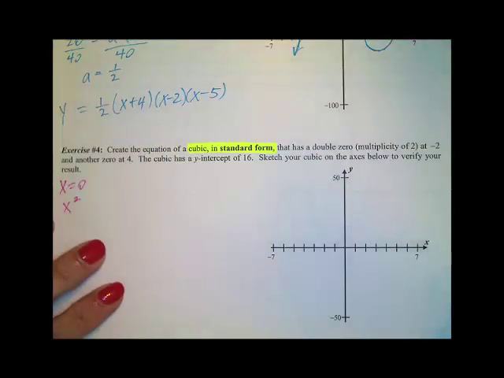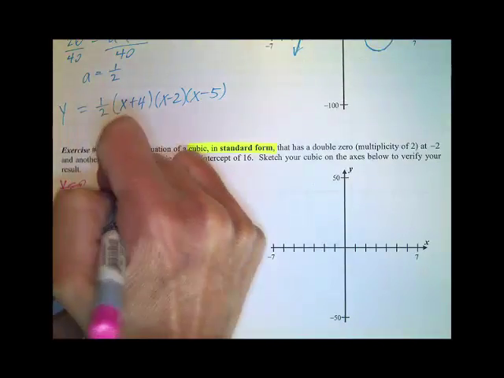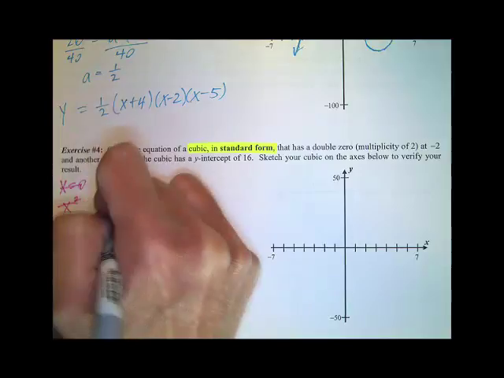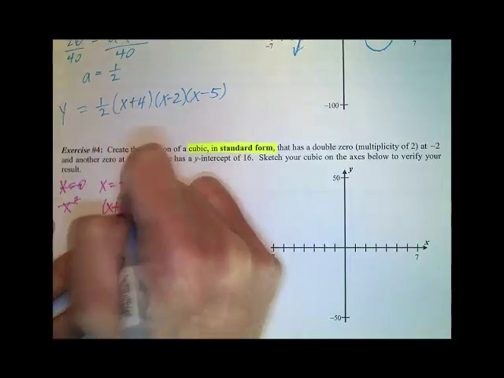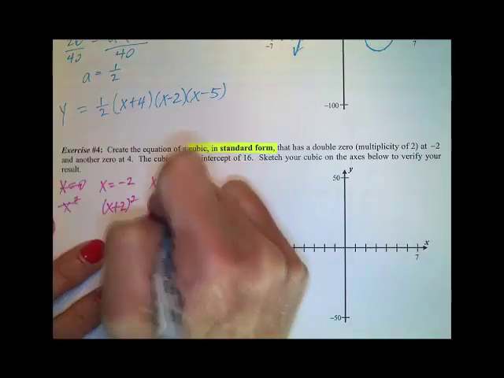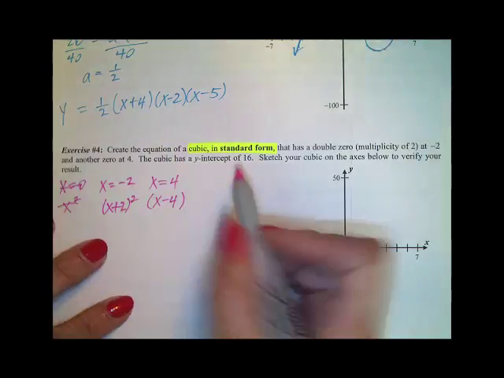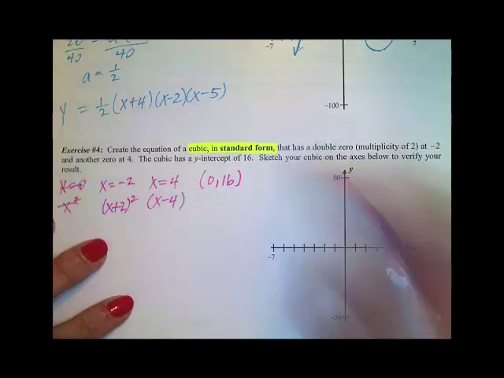A double 0 at -2, sorry. So x equals -2, so x plus 2 is squared. And another one at 4, so x equals 4, so we have x minus 4. And it says a y-intercept of 16, so we know that point is 0, 16, which represents our x and y.